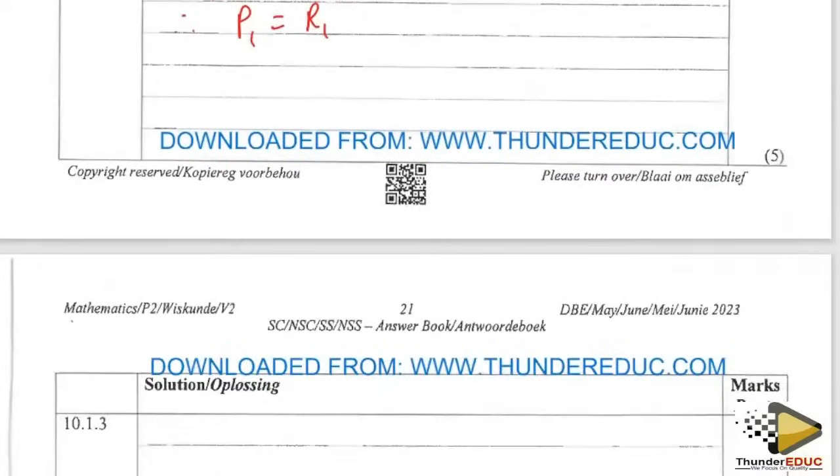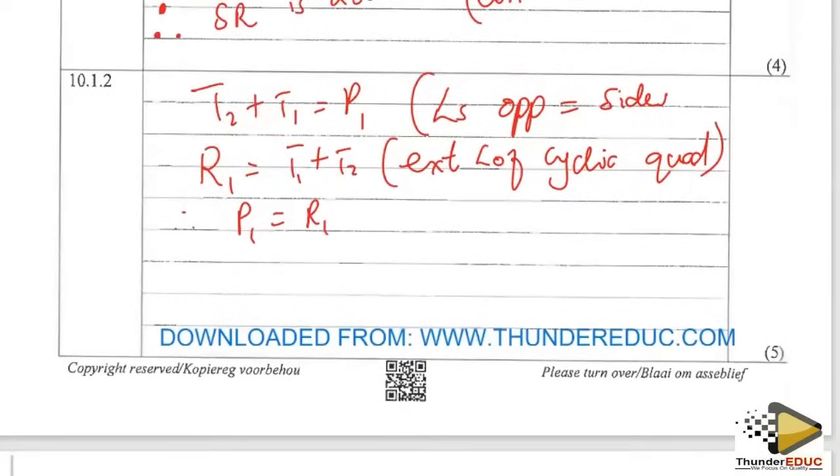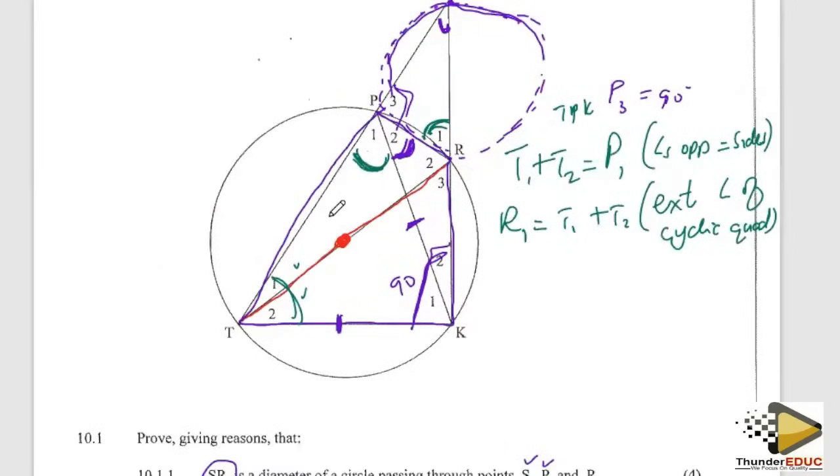Go further and see that in triangle RP, we know that P1 and P2 are going to be named the same as S and R1.